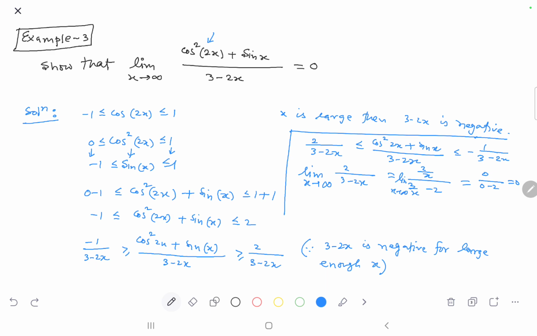Similarly, limit as x tends to infinity of minus 1 by 3 minus 2x is also 0. So by the squeeze theorem, the limit as x tends to infinity.